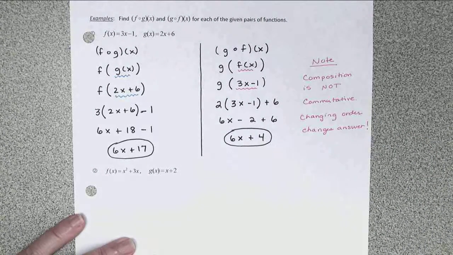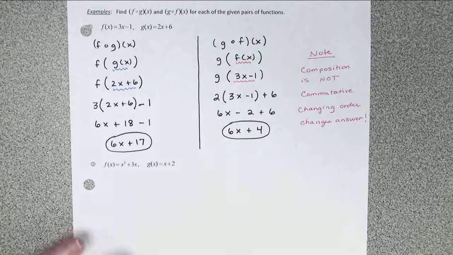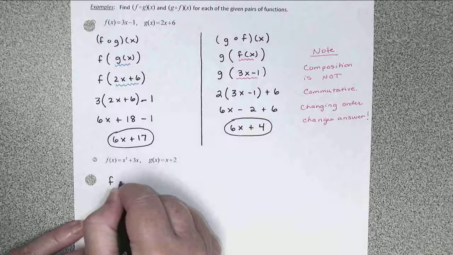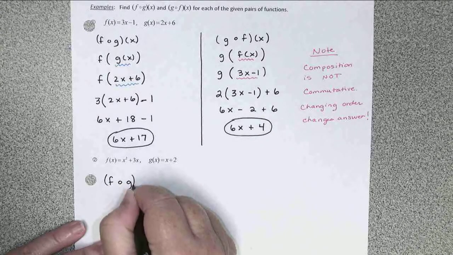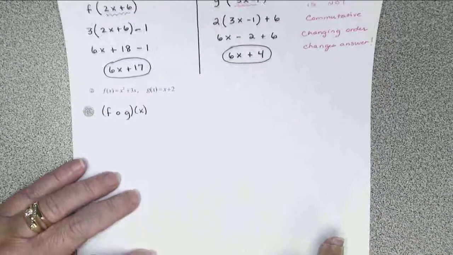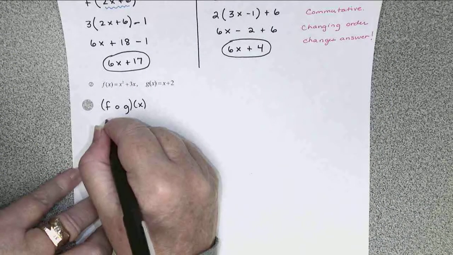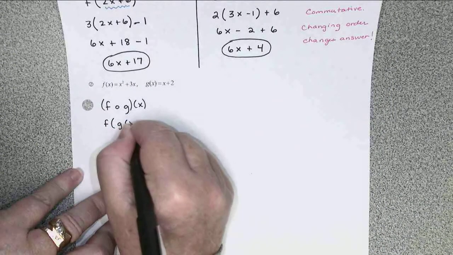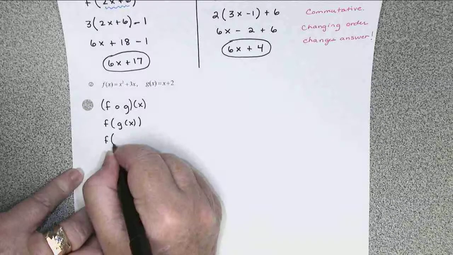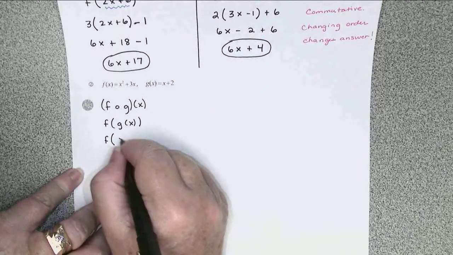All right, let's practice taking a composition algebraically one more time. I've got 2 new functions for f and g, and I'm going to do f composed with g of x first. So that's f of g of x, or f of x plus 2.